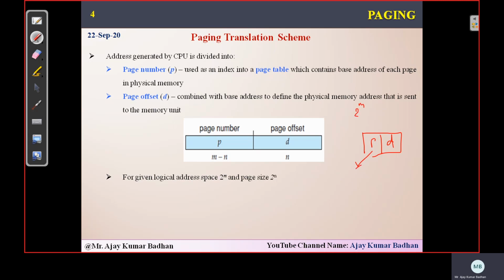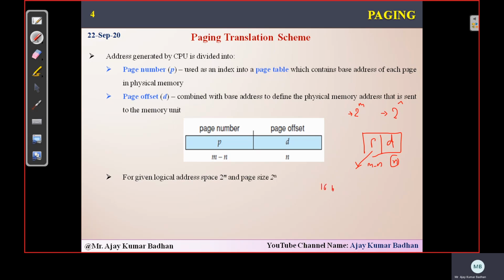If we have a logical address space of 2 to the power m, and a page size of 2 to the power n, then the higher order m minus n bits represent your page number, and the lower order n bits represent your displacement. For that, we have also taken an example, right?